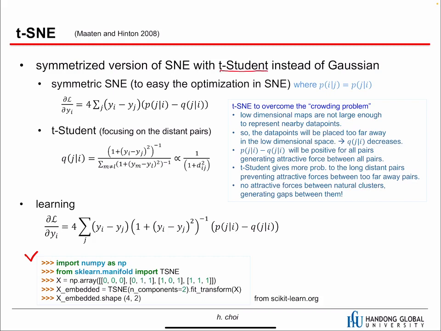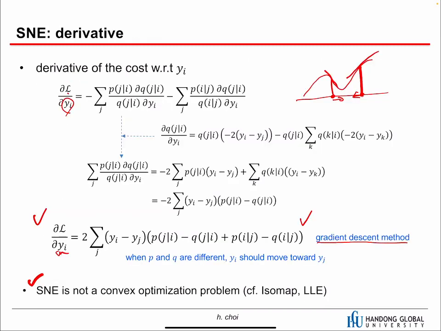So first, it's based on symmetric SNE. In the previous slide, we have this gradient information with p_ji, q_ji, and p_ij, q_ij, because p_ij and p_ji are different.